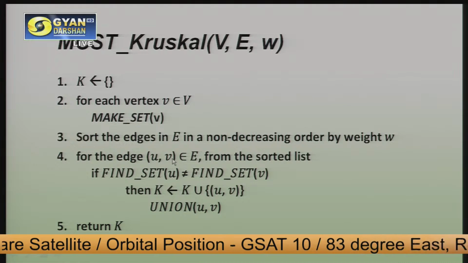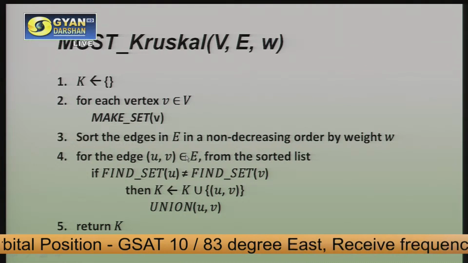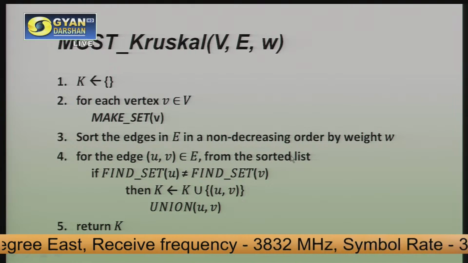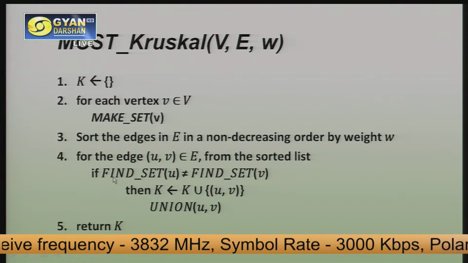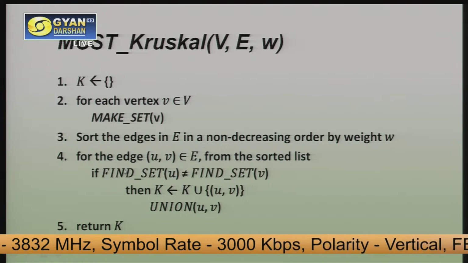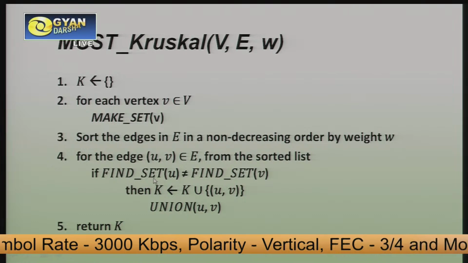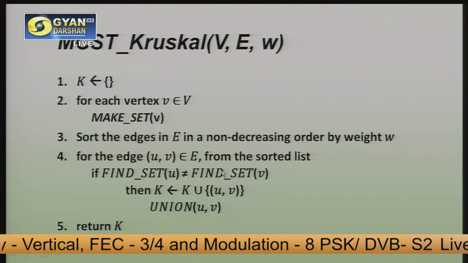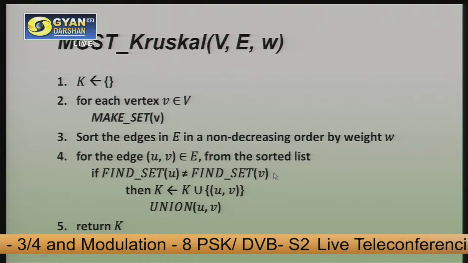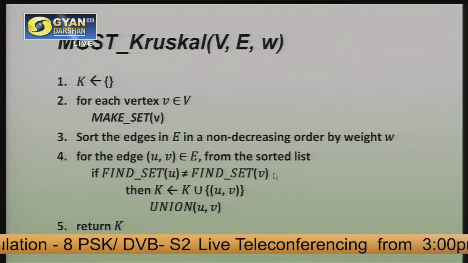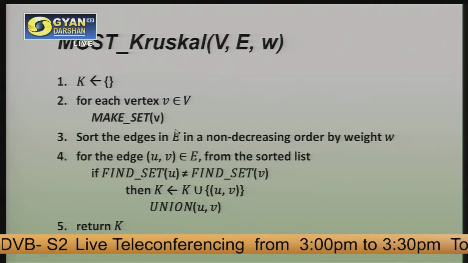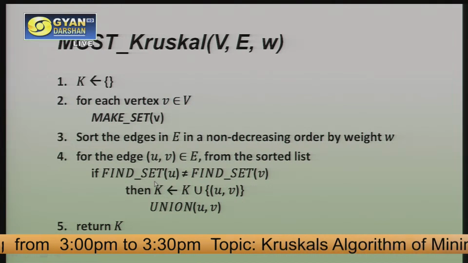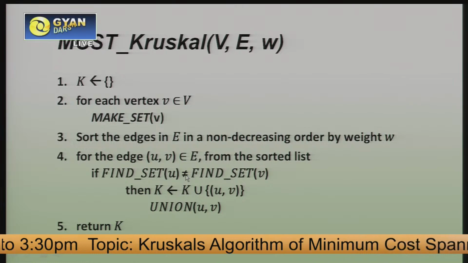For the edge UV, which is a member of the set of edges from this sorted list, we find the set of vertex U for the edge UV. If it is not equal to the set of V, so there will be two sets. First of all we have made all the vertices unique sets, but gradually we will be merging those sets.